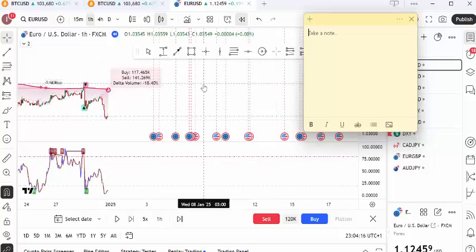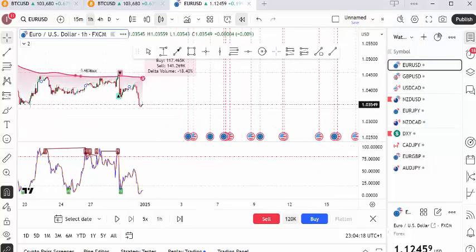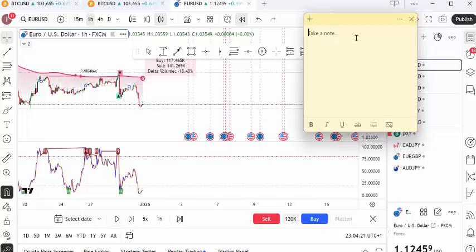This is our sticky notes. And then let's write: bearish trend, take sell, with what? With bearish divergence.